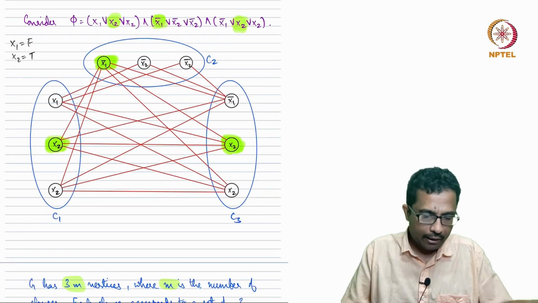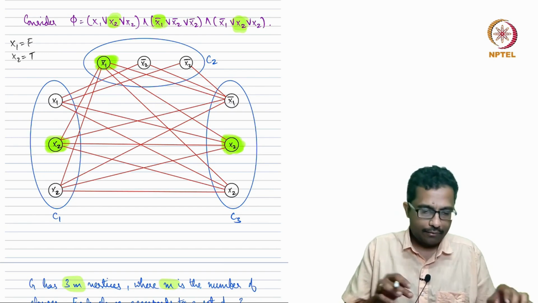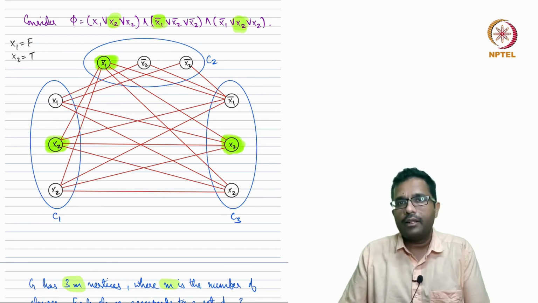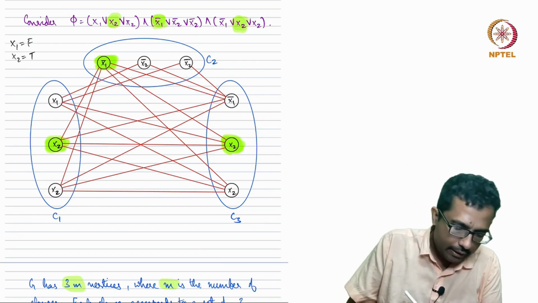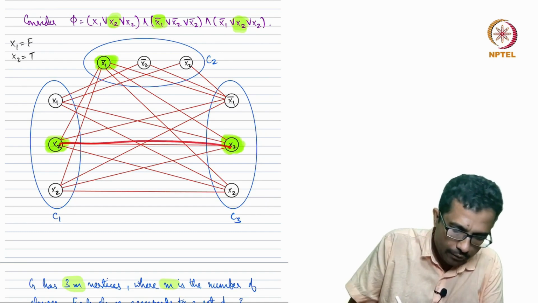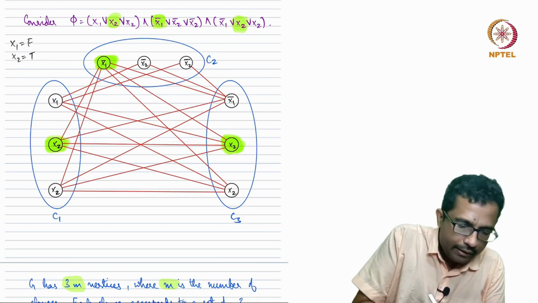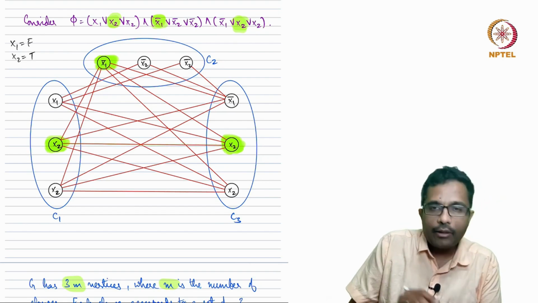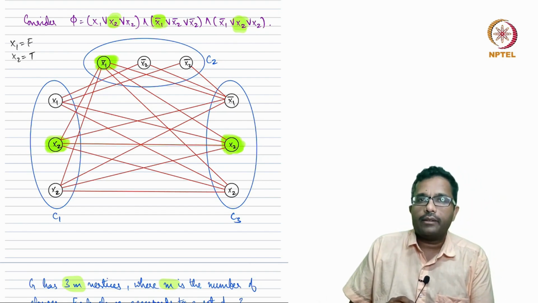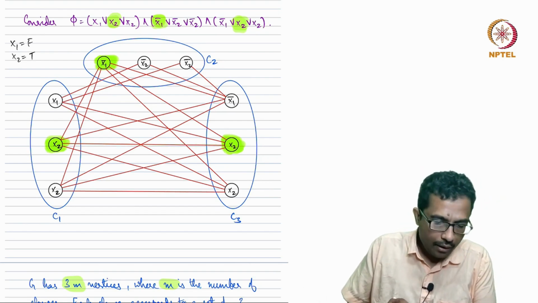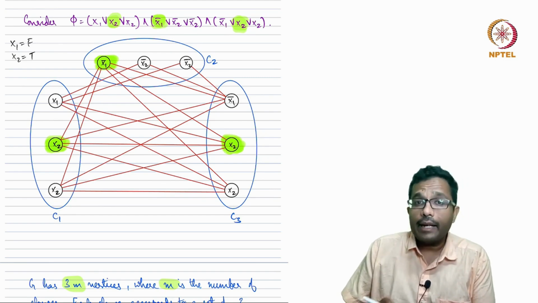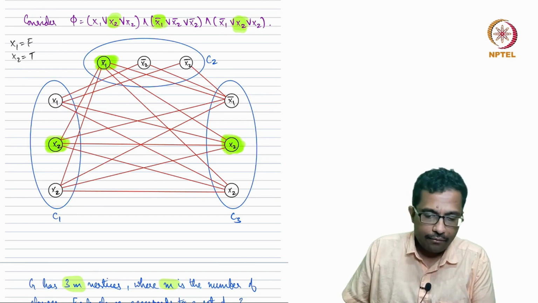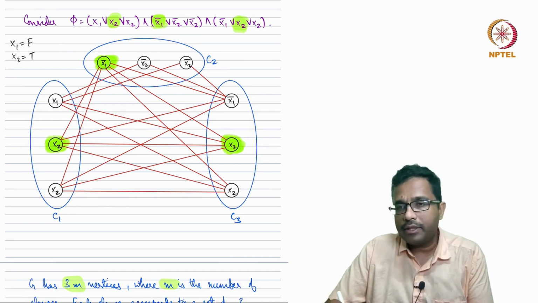None of them are in the same group because we picked each one from a different clause. The only way there can be an absence of an edge between two of these is if they are of the form xi and xi complement. But we cannot have xi and xi complement because we picked true literals from each clause.